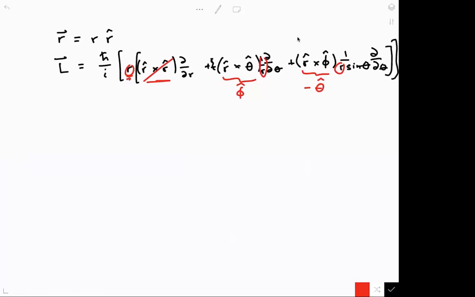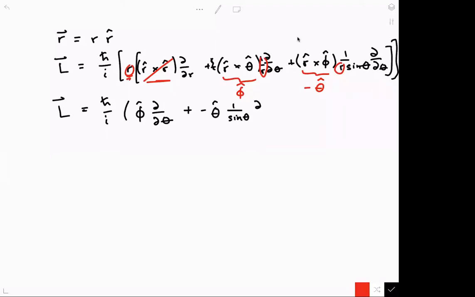Okay, so once we do all that, we can simplify our angular momentum operator to h bar over i. The first term does not survive. The second term is just phi hat and then a partial derivative with respect to theta. And the third term will point in the negative theta hat direction, and we've got 1 over sine theta.